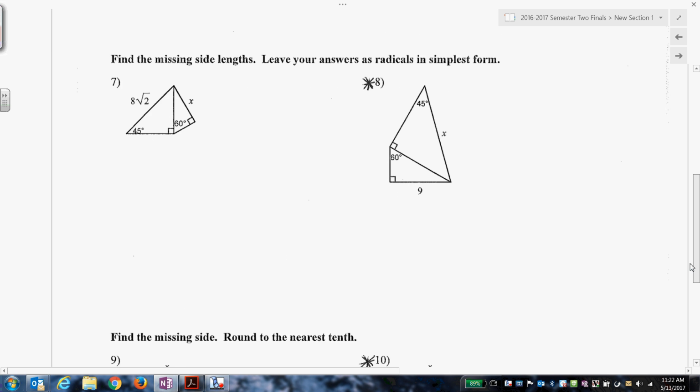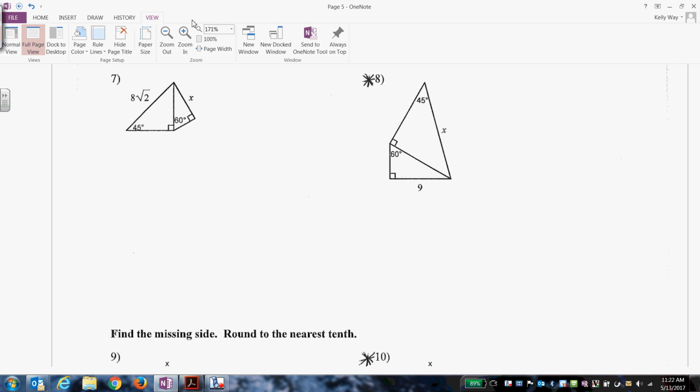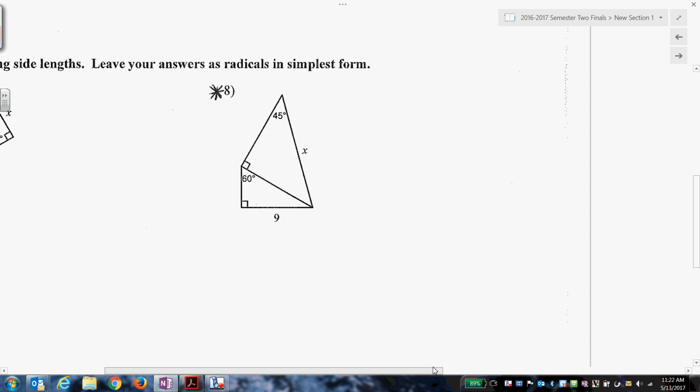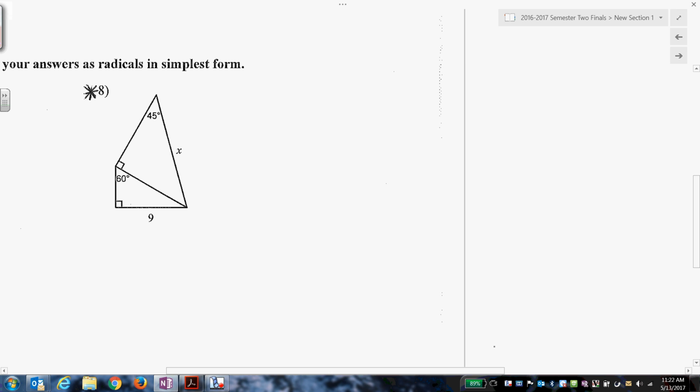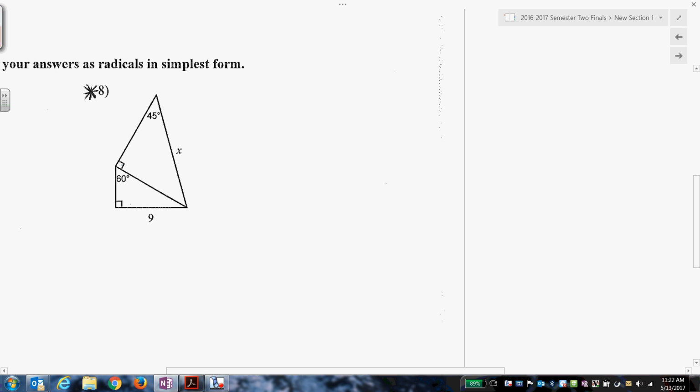Next star problem says, find the missing sides. Leave your answers as radicals in simplest form. You should notice that this is a 30, 60, 90 triangle. Let's pull that triangle out.